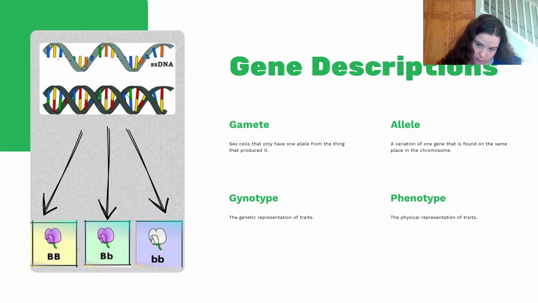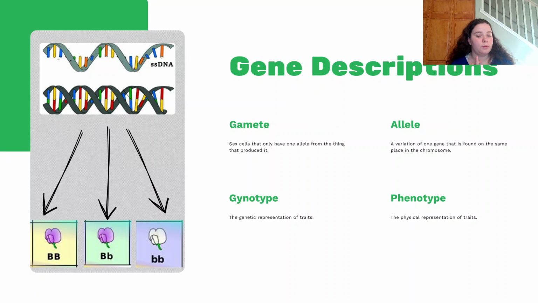An allele is a variation. So you have two alleles as a person for every gene that you have. You have one from mom, one from dad.